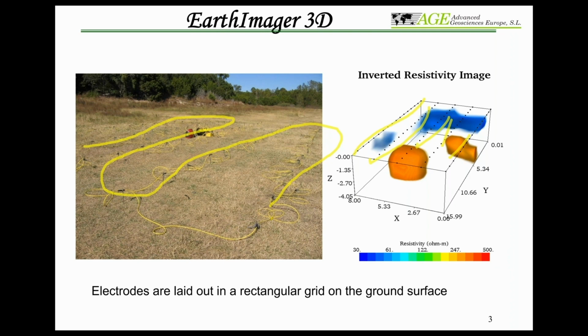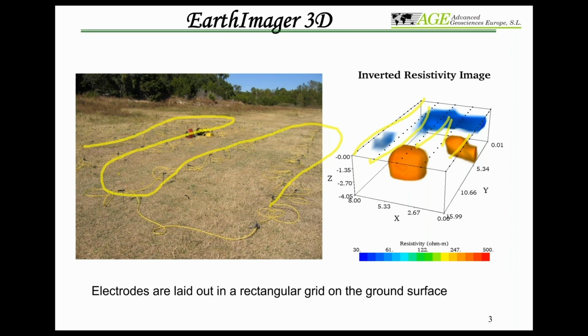Sometimes they call it quasi 3D, but I will say exactly you will get the same results as long as line spacing is twice the electrode spacing. So that's the important part for making the parallel line combinations.